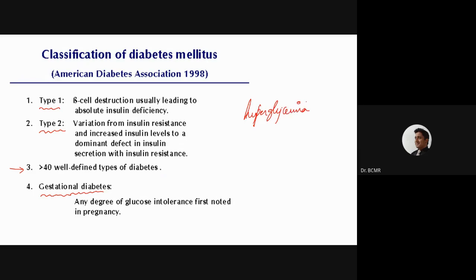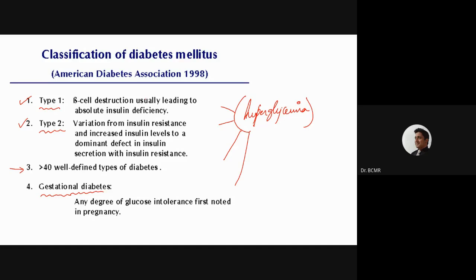Why it happens, what results in high blood glucose, is the basis for categorizing these into separate groups. In general, in public, we would know about type 1 and type 2.